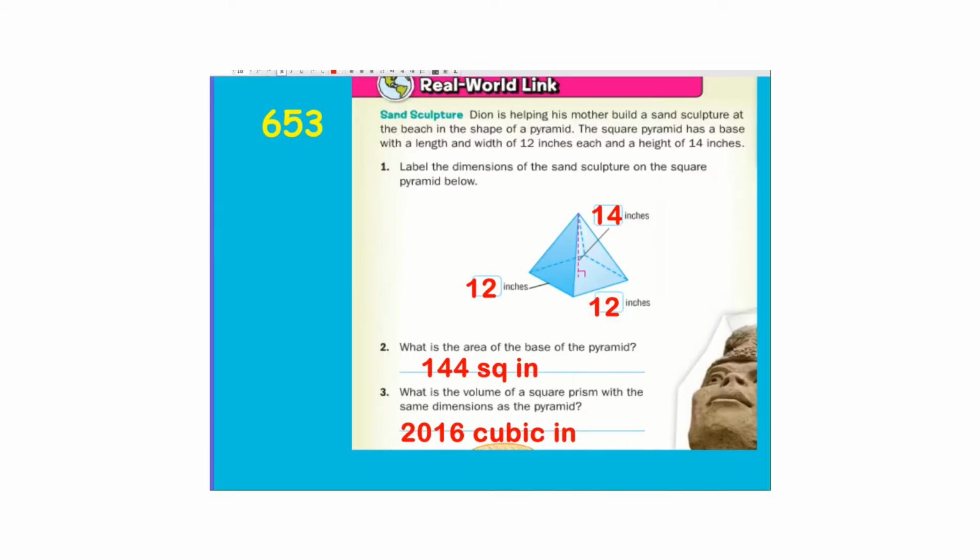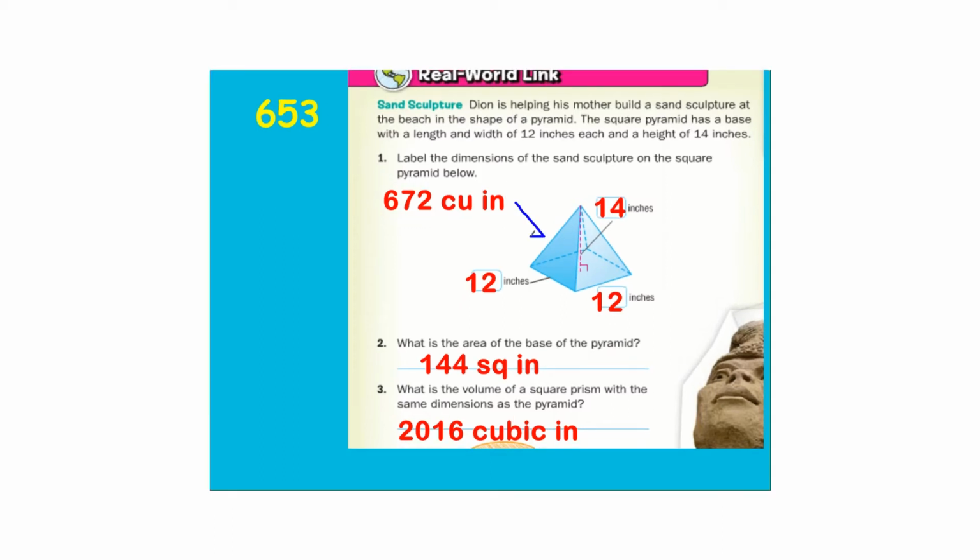So the 2016, we would have to divide by 3, and the volume of this pyramid would be 672 cubic inches. Okay, that's the volume of this pyramid. You have to divide by 3. This would be the prism. Divide by 3, the pyramid.